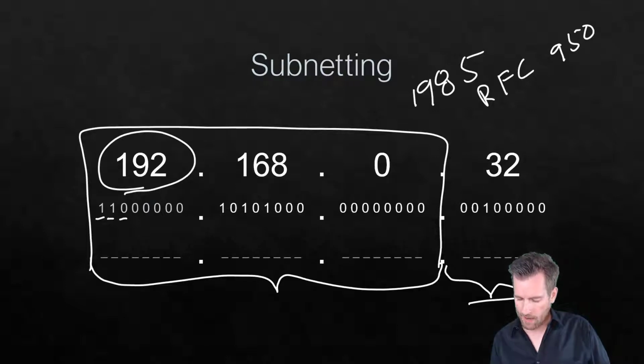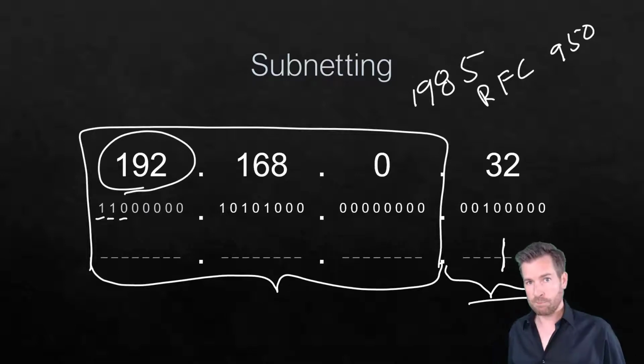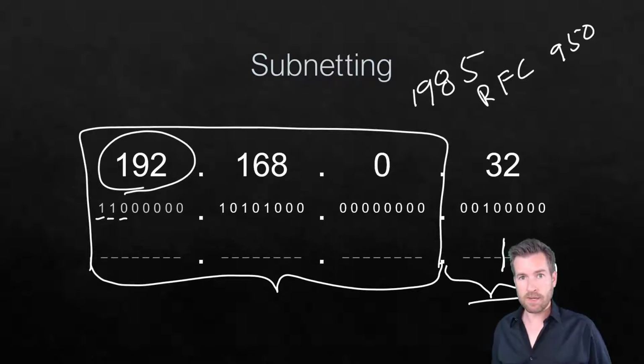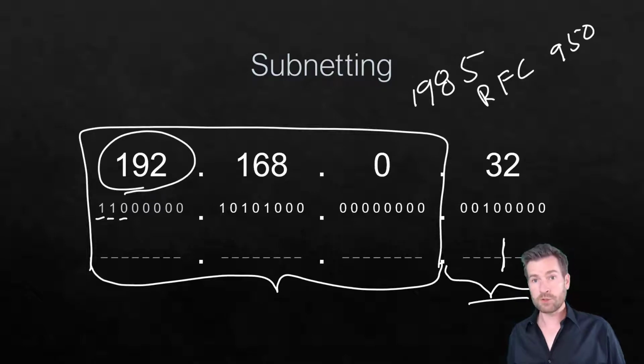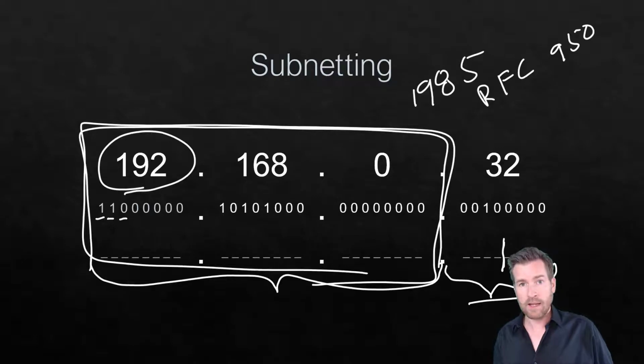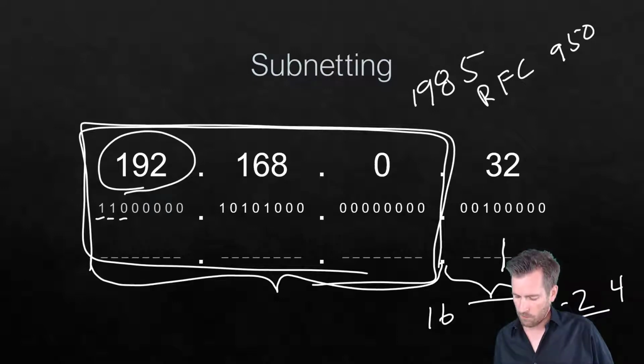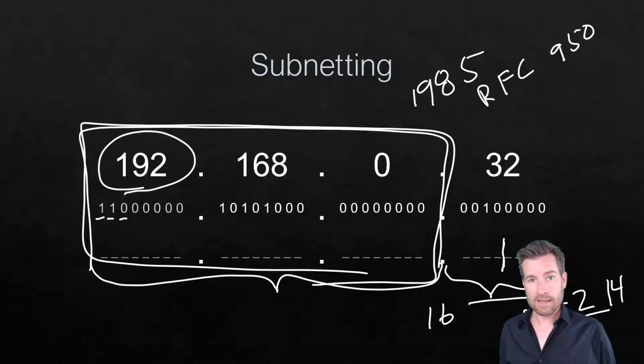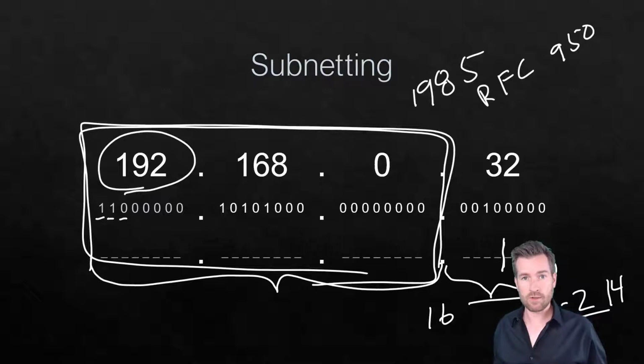I can add to the network side of this, and maybe I add another 4 bits, or what they call borrowing 4 host bits to be the network side of this. And so what that will do is that will allow me, with my assigned range that I have right here, to break apart my network into 16 different networks, and it'll allow me to have 16 hosts. We do need to subtract the 2 from that, so actually 14 hosts. It'll be 14 hosts that I can put on each one of those networks. So I'll have 16 different networks with 14 hosts on each one of those networks.